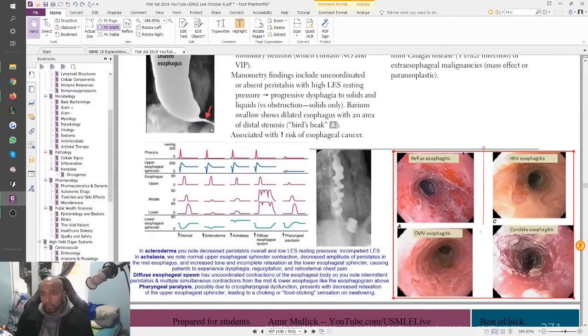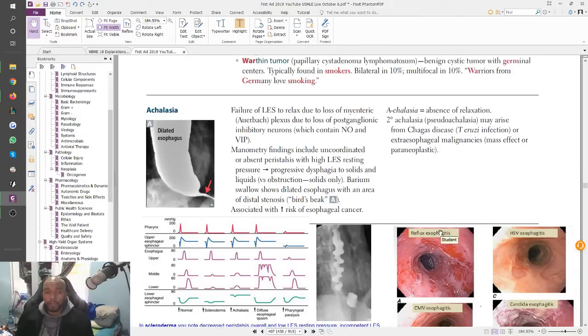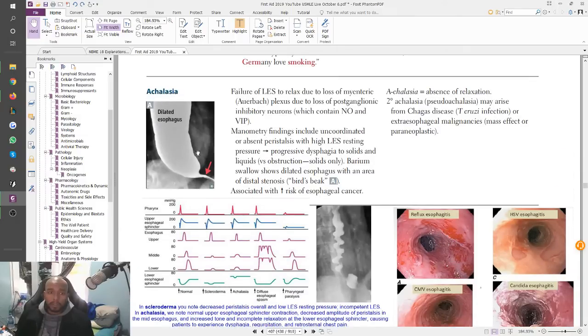These are also very important, related to the differences between HSV versus CMV esophagitis and what they're supposed to look like, reflux esophagitis and then Candida esophagitis. Right, very important to be able to differentiate all that. But yeah, right. So this is the bird's beak thing they were talking about in our question.